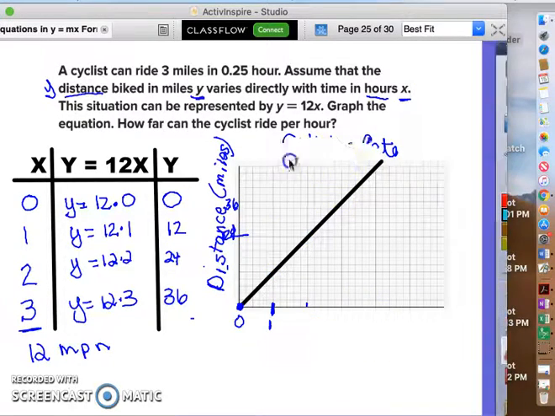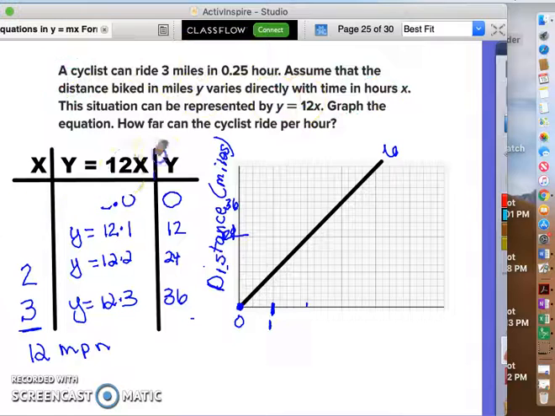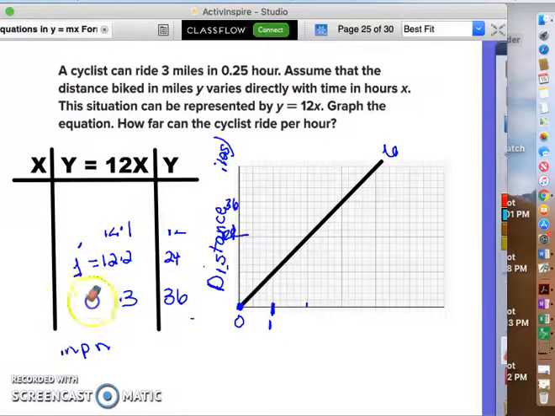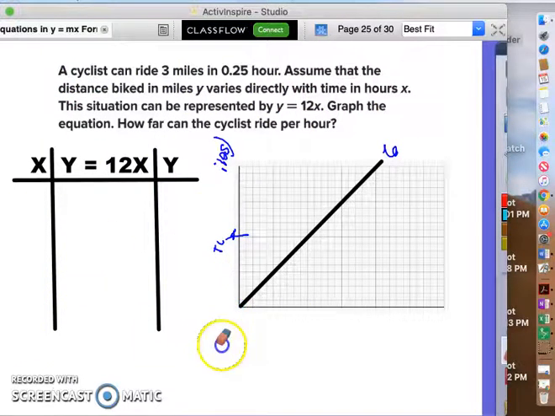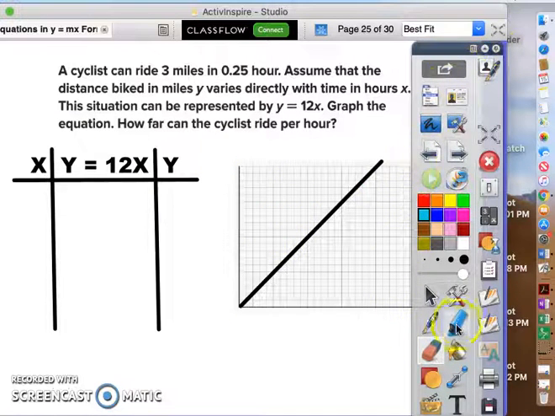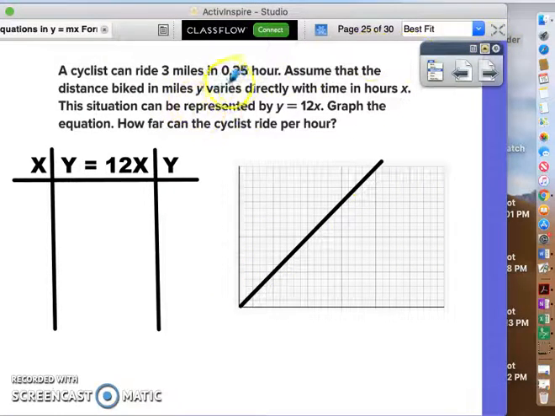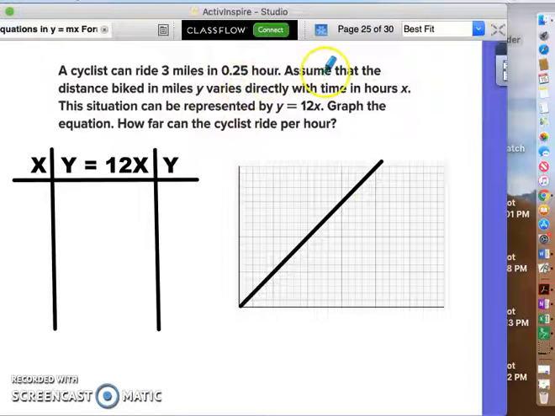So, first things first, we need to label our graph. Okay, a cyclist can ride 3 miles in 0.25 hours. So assume that the cyclist biked miles, y.